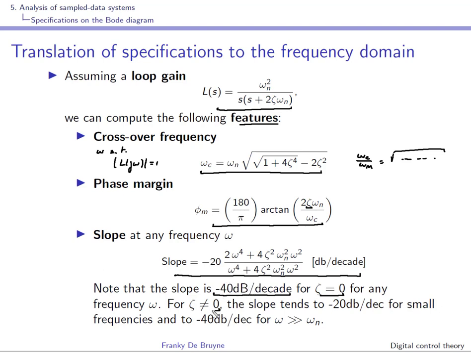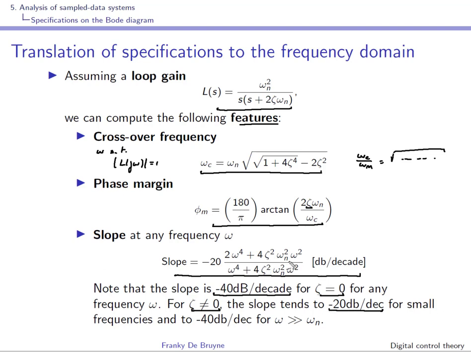So now we can have a look at zeta different from 0, and we can look at small frequencies and large frequencies. When I say small, it's much smaller than the natural frequency, and large, it's much larger than the natural frequency. So let us start with frequencies that are much smaller than the natural frequency. Well, this one will behave here as an integrator, so we would expect a slope of minus 20 dB per decade.